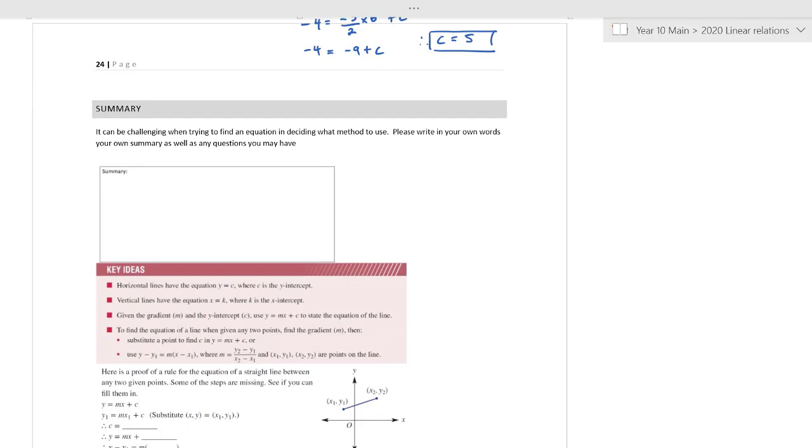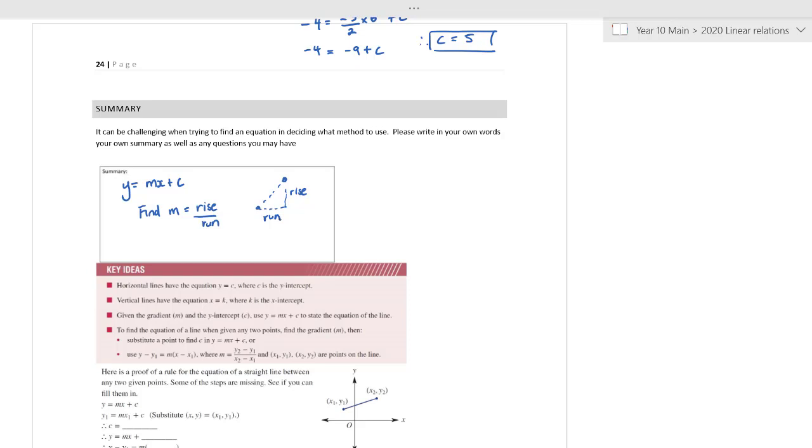Well, I think you really need to link it to y = mx + c. What we've got to do is find the gradient, and that's sort of like the rise over the run. If you have two points, this is the rise and this is the run, and you could find it that way.